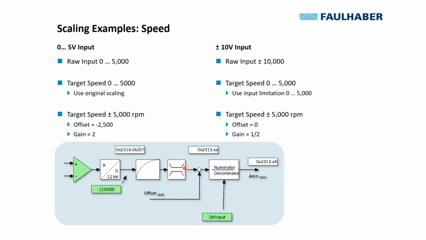Or, if you really want to operate the motor in both directions, either, once again, we could use the limitation, or we rescale the input. The offset in that case is 0, but to generate the plus minus 5000 out of the full 10,000 increment range, we would need a gain of 50%.